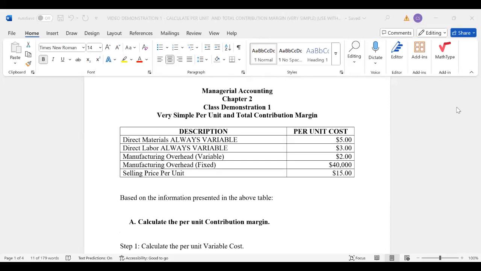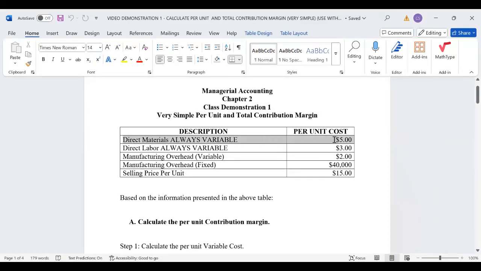So what I have here is a list of costs: direct materials per unit, direct labor per unit, manufacturing overhead variable per unit, manufacturing overhead fixed, and selling price per unit. First thing you need to know is that direct materials is always variable. So I put the word variable next to it.